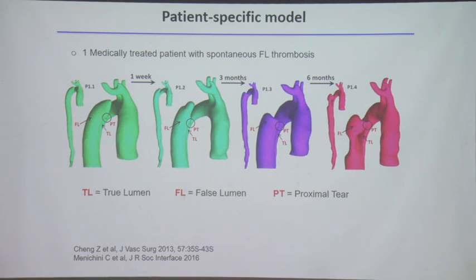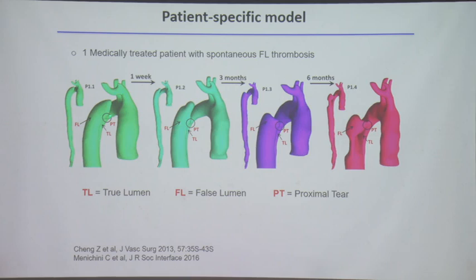Here we see, these are not models, these are the true geometry reconstructed from CT scans. So this is initially what the patient's dissection looked like. This is the main aorta, and you have a true lumen. You can see that the true lumen is actually compressed by this false lumen. The false lumen is quite big. Initially the false lumen starts from here, and then it runs all the way along the true lumen further downstream.